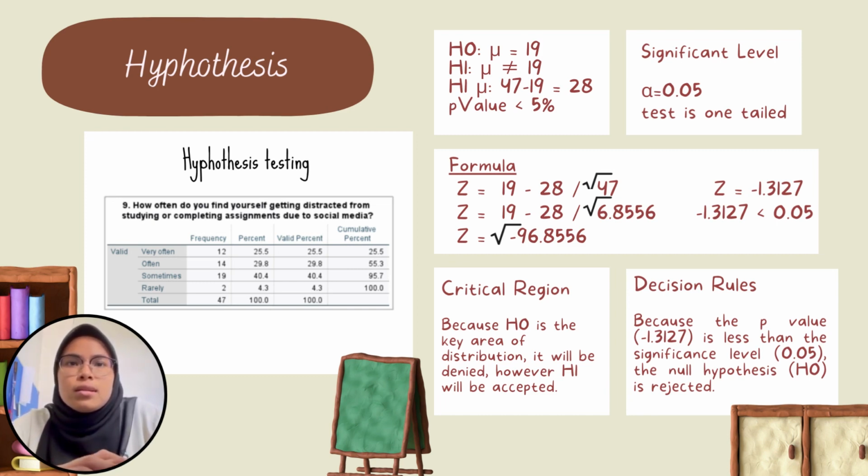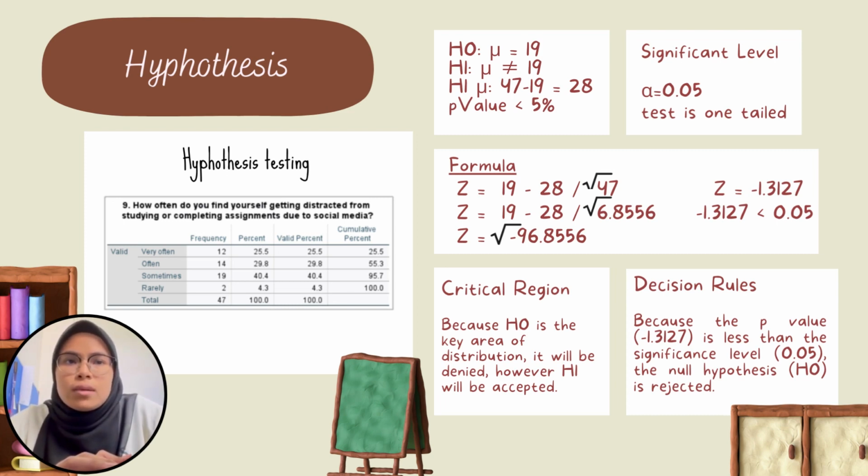In calculating the statistical test, the case used is case 2, using the formula: sample mean minus population mean, divided by the standard deviation divided by the square root of the sample size. So 19 minus 28, divided by 6.8556 over the square root of 47.